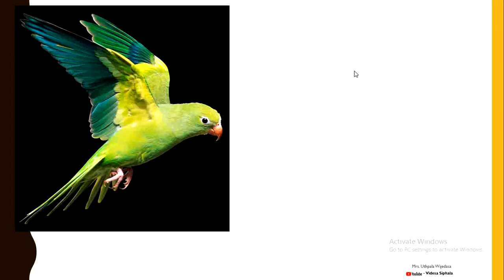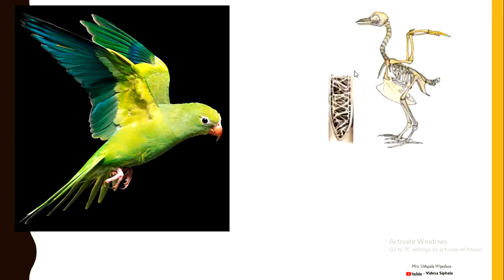They have an internal skeleton which is made of bones or a bony endoskeleton. And this skeleton should support them for flying. Therefore, this internal skeleton is light in weight and these bones are hollow. There are empty spaces inside the bones that will facilitate flying.